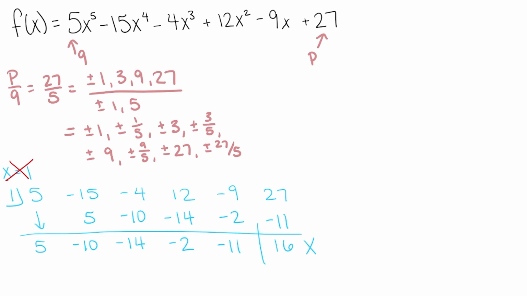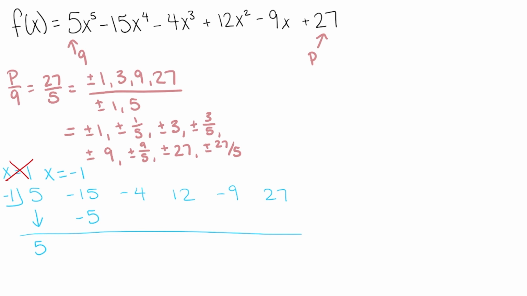So, let's look at the next one. Bring our 5 down. Negative 1 times 5 is negative 5. Negative 15 plus negative 5 is negative 20. Negative 1 times negative 20 is positive 20. Negative 4 plus 20 is 16. Negative 1 times 16 is negative 16. 12 plus negative 16 is going to be negative 4.